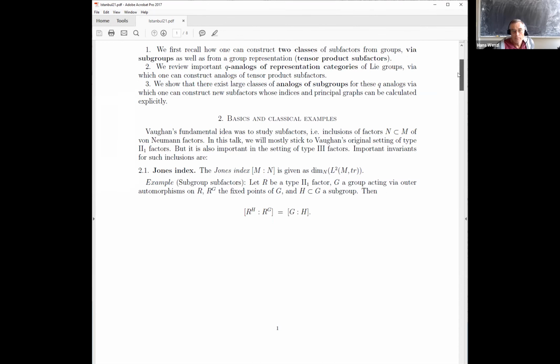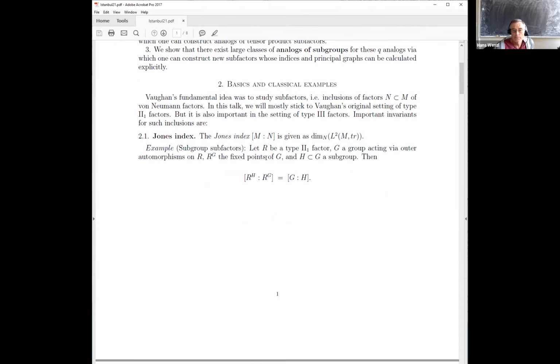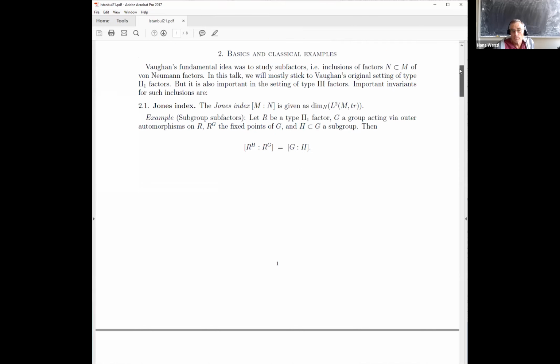The first example is this: take a type II_1 factor, which doesn't have to be hyperfinite, with a group G acting on it, and look at the fixed points. If you have a subgroup, then the fixed points are usually bigger. So you get that the fixed points with a smaller group, both of them are factors because these are outer actions, and the index of this subfactor will be just the index of the subgroup. That was why Vaughan called it an index, his invariant.